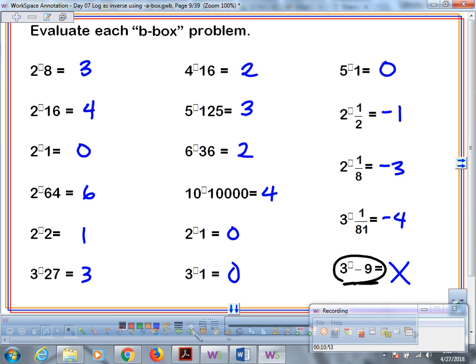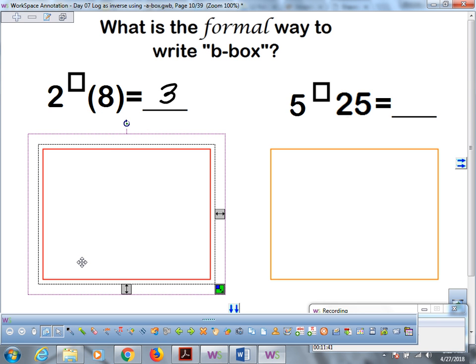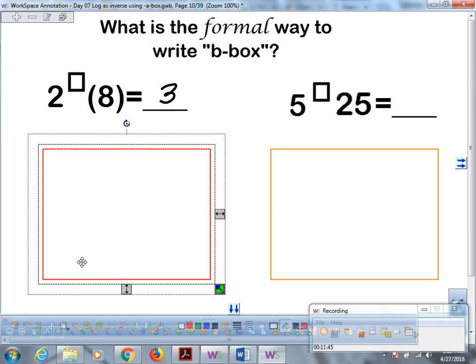Okay. Here we go. You guys ready? Okay, so we all agree that the answer to this is 3. All right? This is what it's really supposed to look like. I've been tricking you. There's no such thing as this.